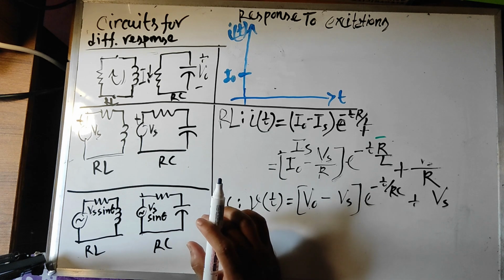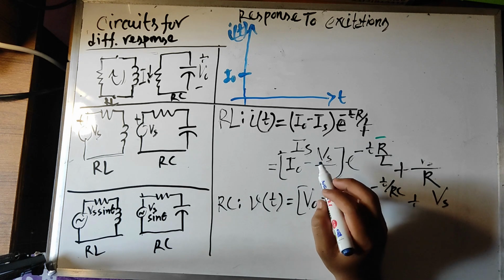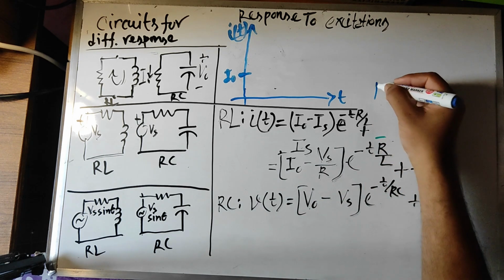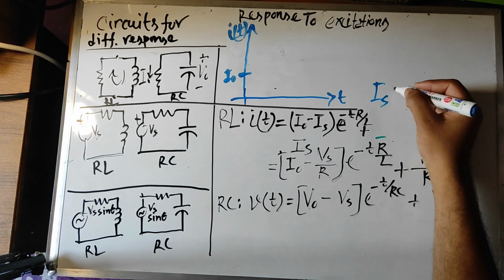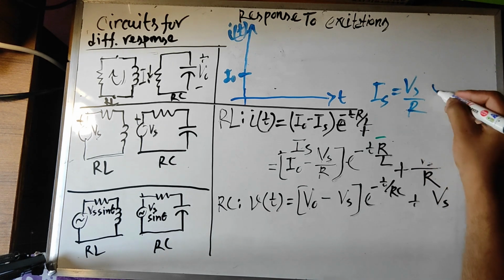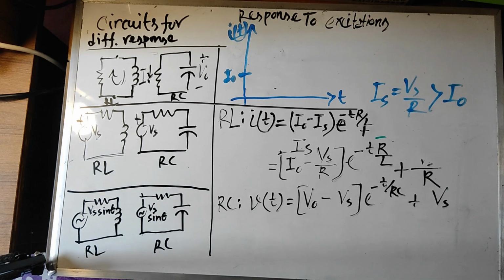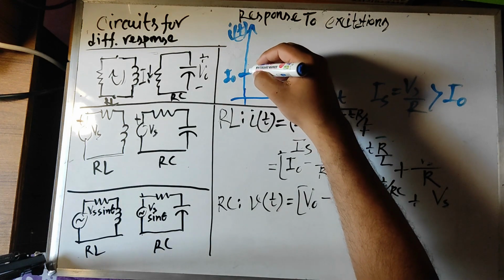So what will happen is, say if Vs by R is greater than the initial current, the response will look like this.